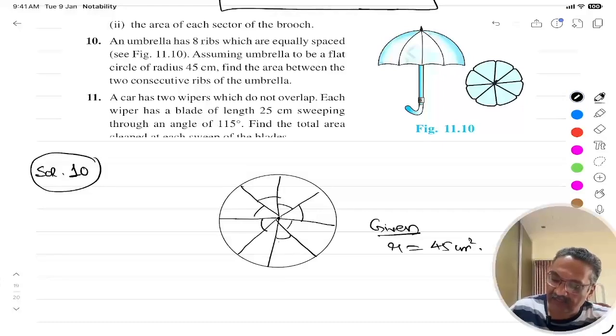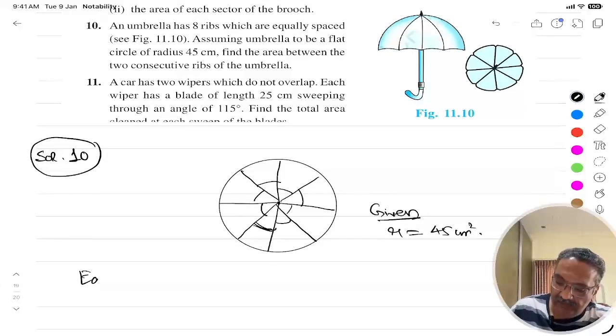Now what will be the angle of the sector? See, each rib, we can observe, two consecutive ribs.